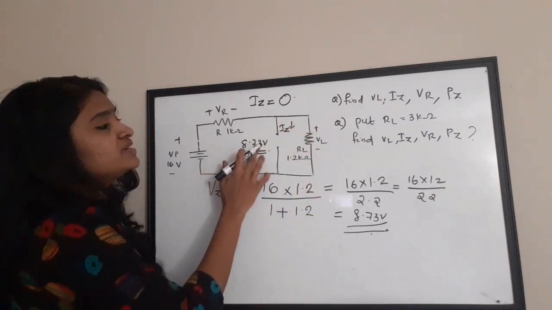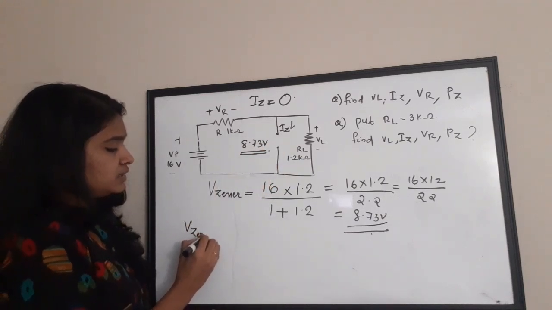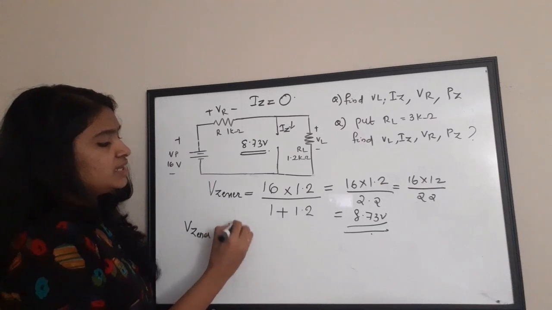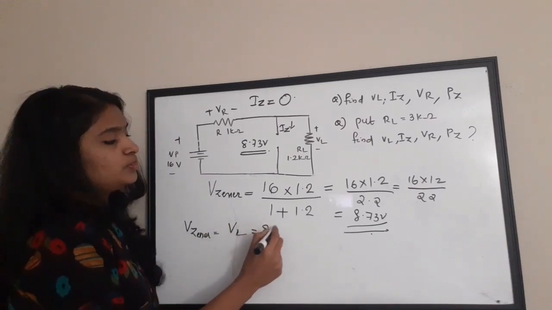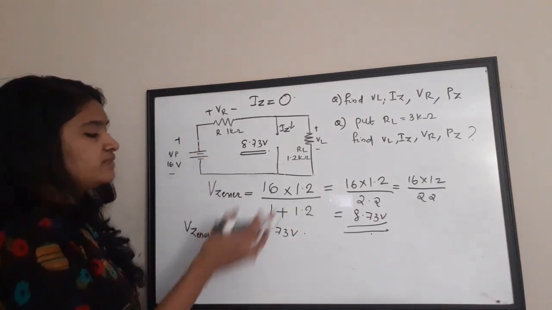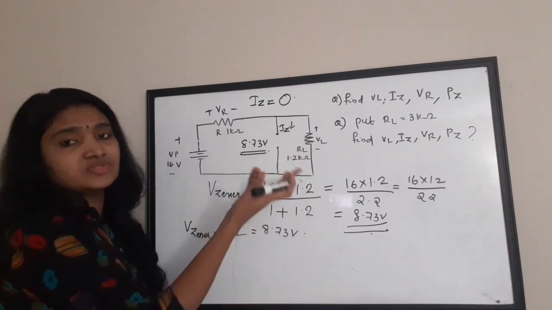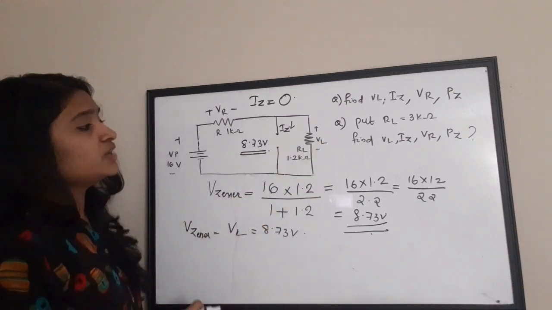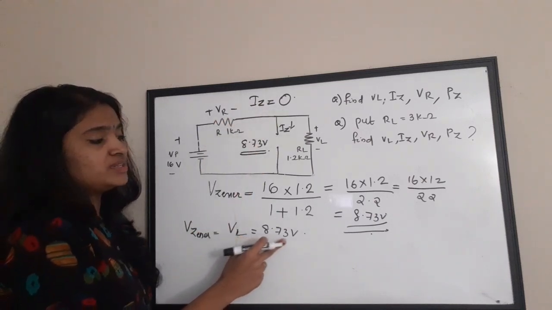So 8.73 volt is equal to V Zener is equal to V load, or the load voltage is equal to 8.73 volt. So we have obtained the value of VL also. VL means the voltage across the load resistor. Fine. So we have obtained the value of IZ as 0, VL as 8.73.